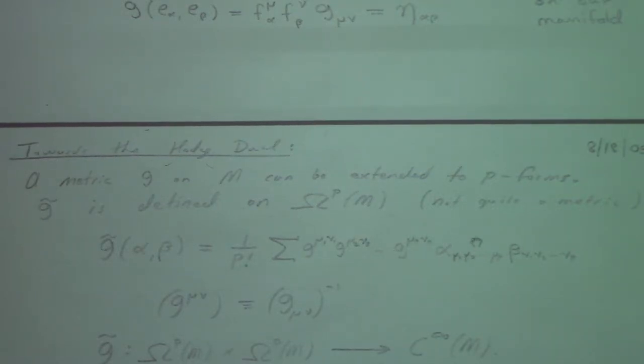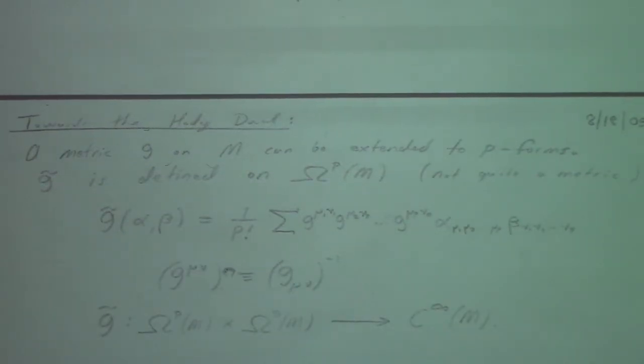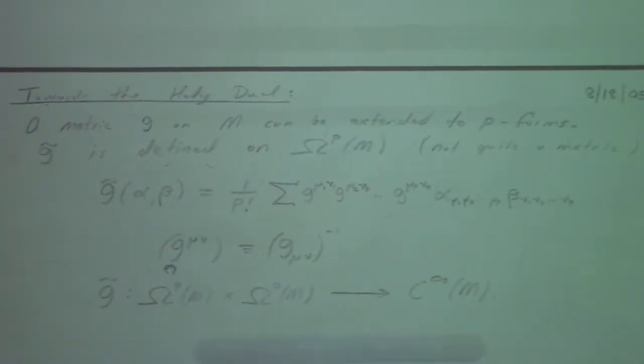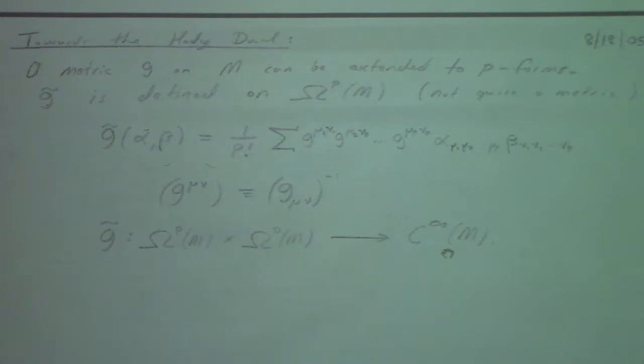Basically, this is alpha with the index up, contracted against beta with the index down. So this is an inner product of alpha and beta, both being p-forms. The G upper mu, of course, is the inverse metric. And G tilde is a mapping from p-forms cross p-forms to smooth functions. So if you fix a point, it's just a plain old garden variety inner product, I think.